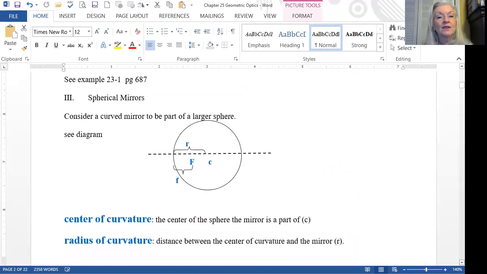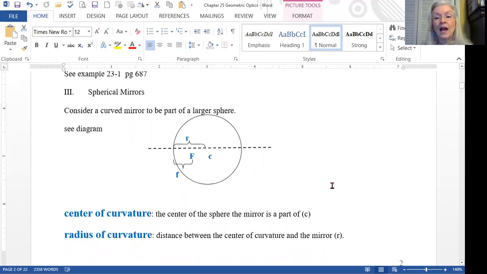We're going to talk about spherical mirrors, and we will do a lab on this. So a spherical mirror is a curved mirror. If you want to think of it, it could be a slice off of a mirrored ball. At a mirrored ball, there's the center called the center of curvature. That's the center of the sphere. The radius of curvature is the radius of your ball.